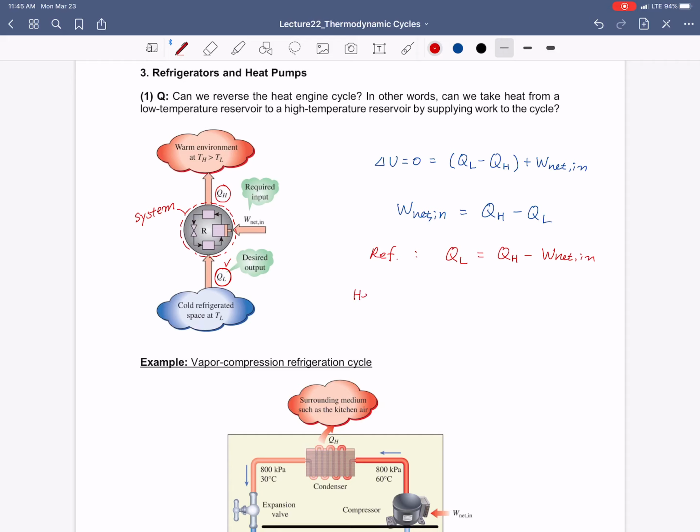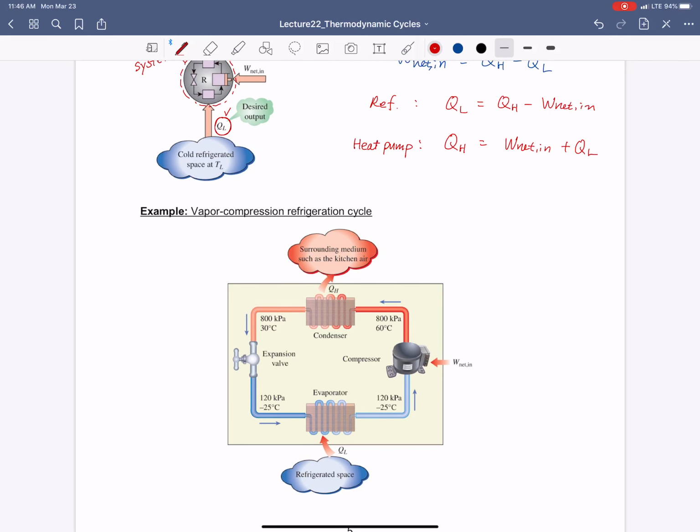For a heat pump, where you want to use QH to make your space warm, that can be written as W net in plus QL. Okay. Now let's try to make one example.